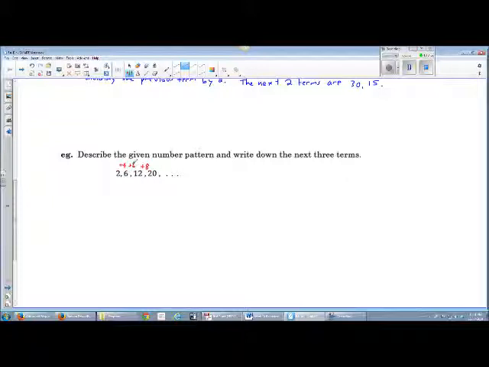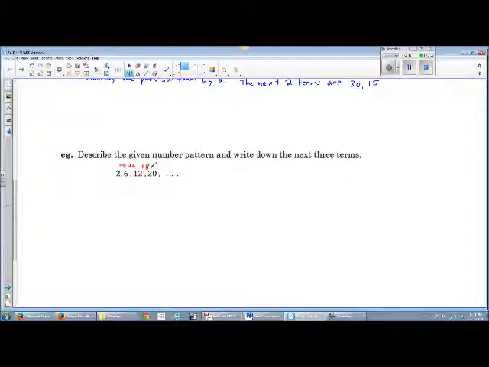We're adding 2 to the previous difference to get that, and then we're adding 2 to that previous difference to get the next term after that. It seems a little clunky. It might be a little challenging to describe.